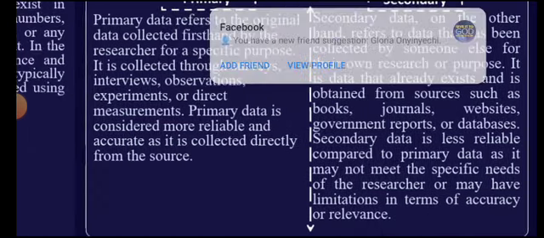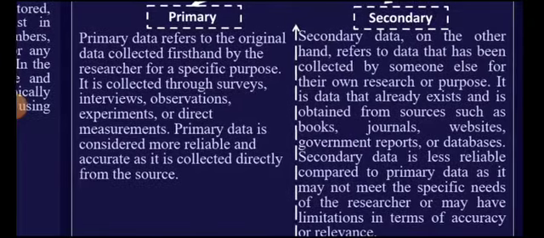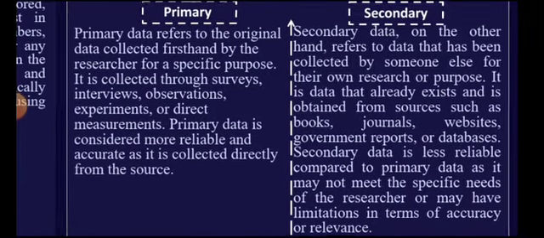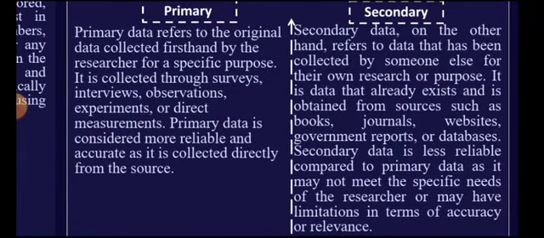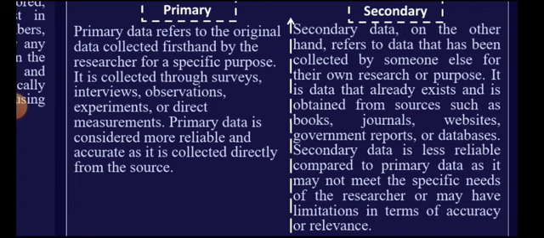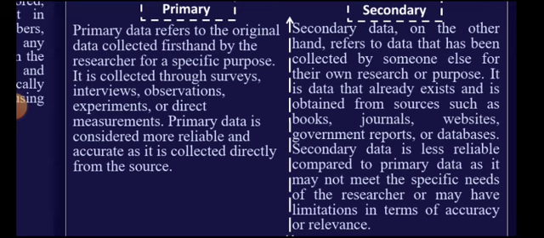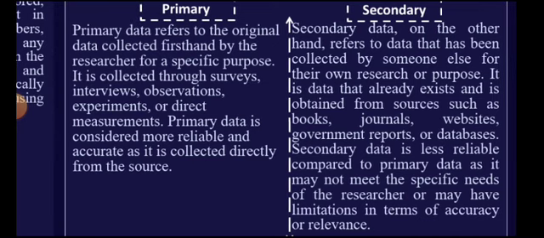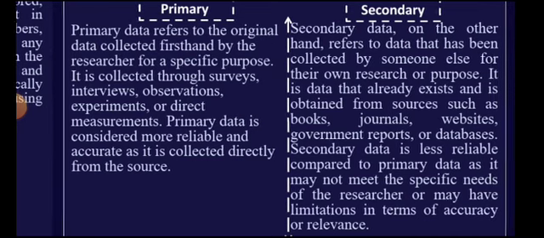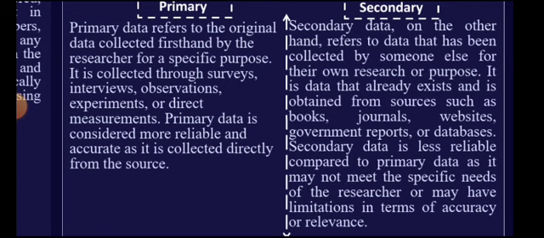Now, we have the secondary source. Secondary data, on the other hand, refers to the data that have been collected by someone else for their own research and purposes. It is obtained from sources such as books, journals, websites, government research, databases.